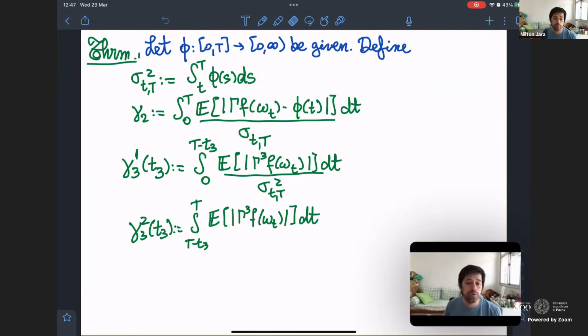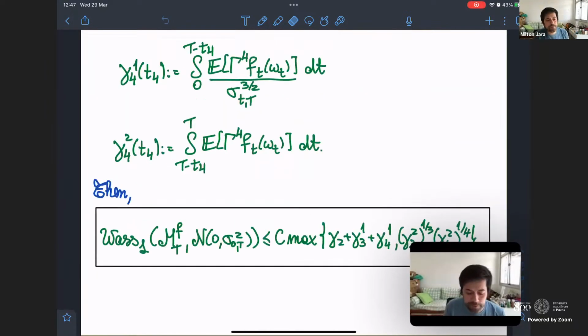That's why you have to take out a portion of the integral. And you define the same thing for the fourth variation, with a similar formula. And these exponents that appear there make these numbers have the right scaling.